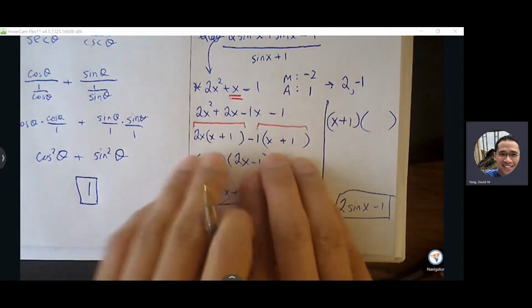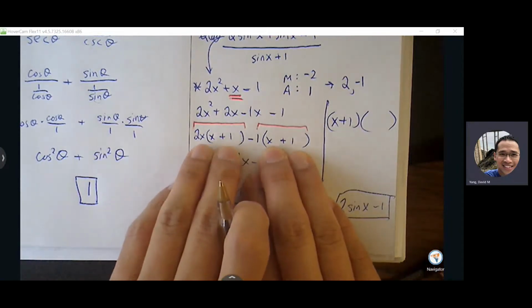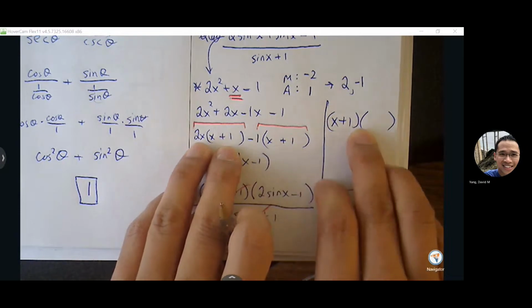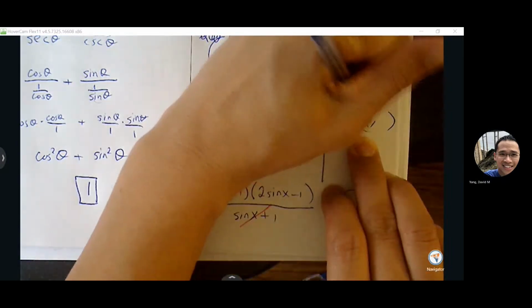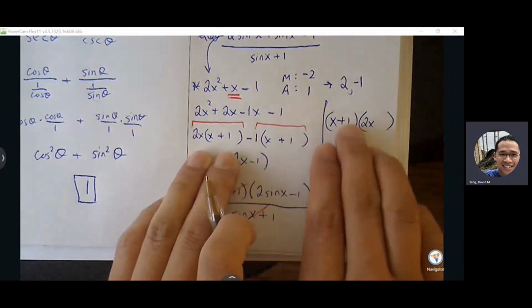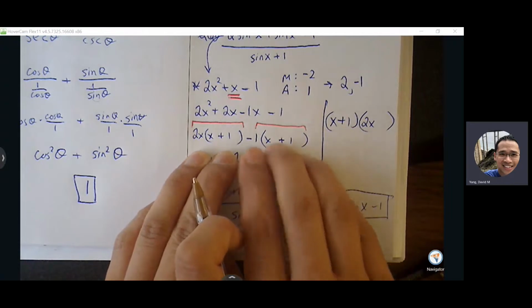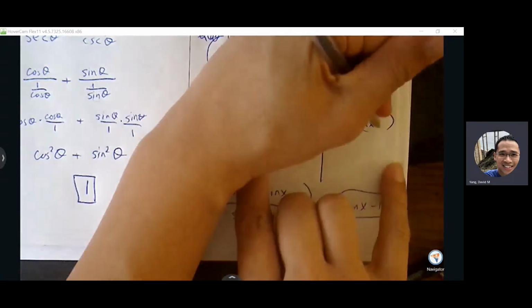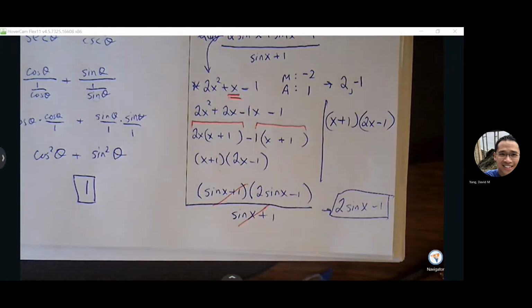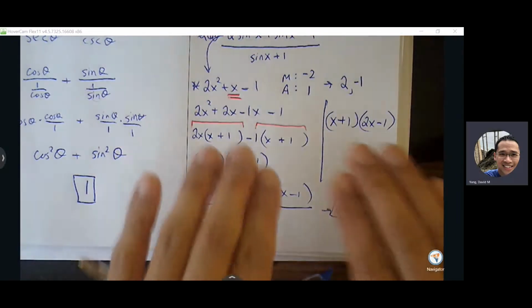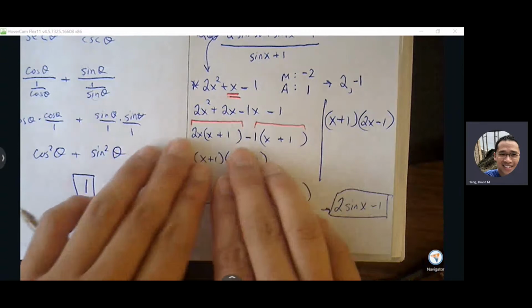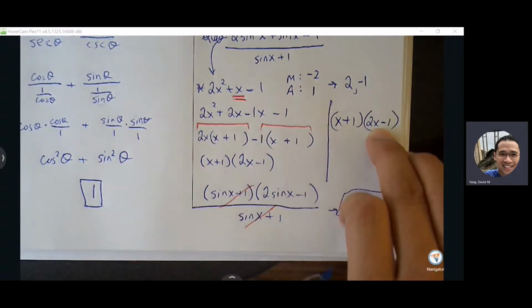So I'm dividing an x + 1 out. If I divide an x + 1 out from this first term, what's left? 2x. If I were to divide an x + 1 out from this x + 1, I'm just left with a -1. So it's like a GCF, and then the leftover gets its own parentheses.